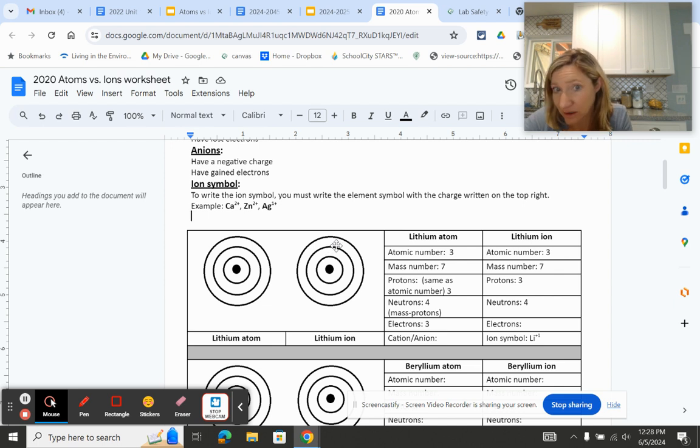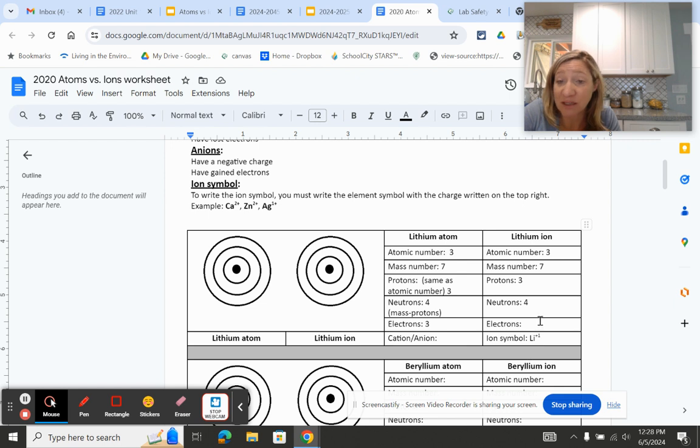Is it easier to add 7 more to this energy level in order to fill it up? Or is it easier just to remove that 1 electron that's there and then we jump down to this energy level and now this energy level is full? So the question is, gain 7 more to fill up this energy level or lose 1 to have this energy level be full? I don't know about you, but losing 1 sounds way easier than gaining 7.